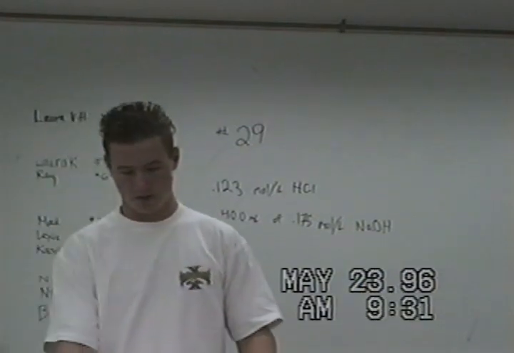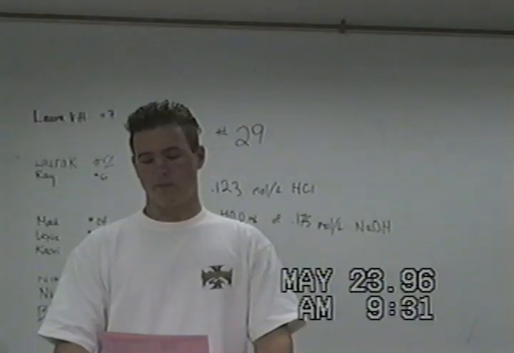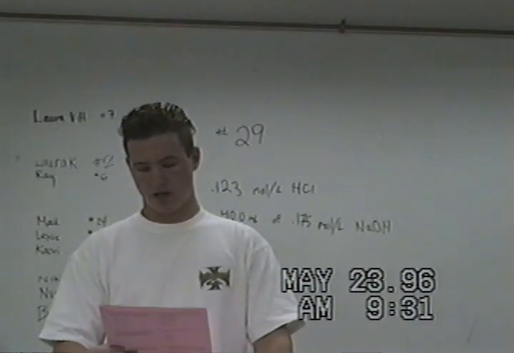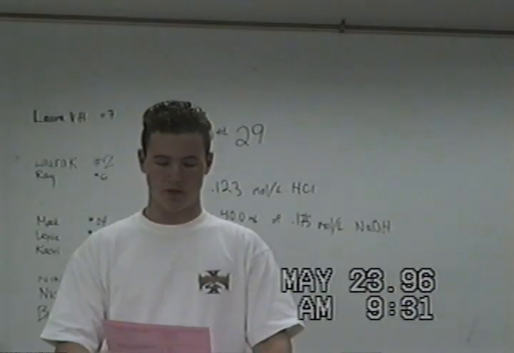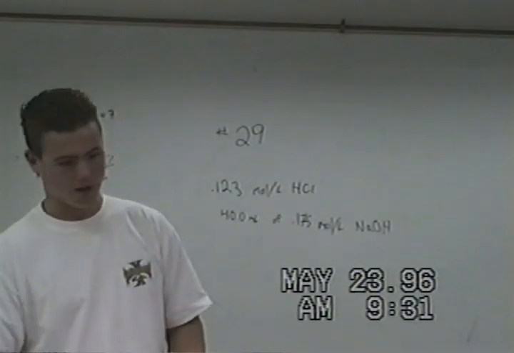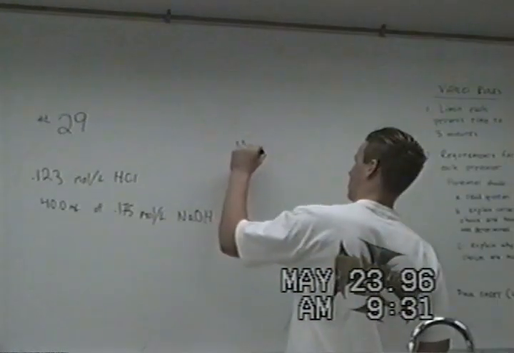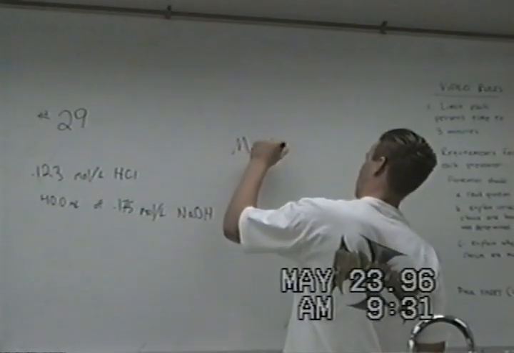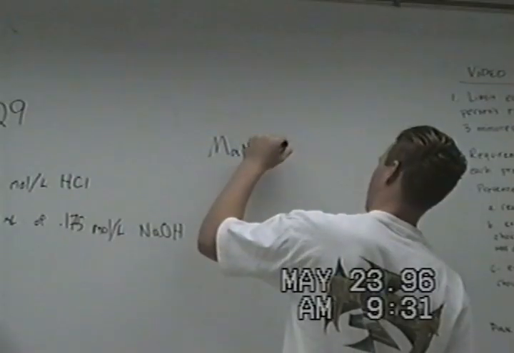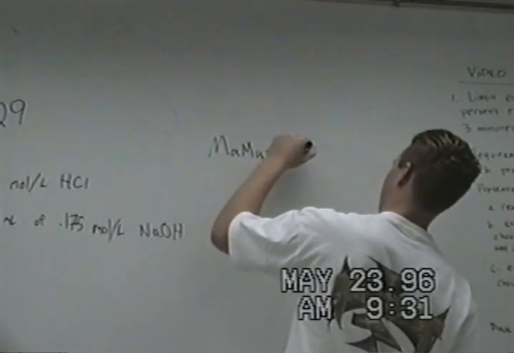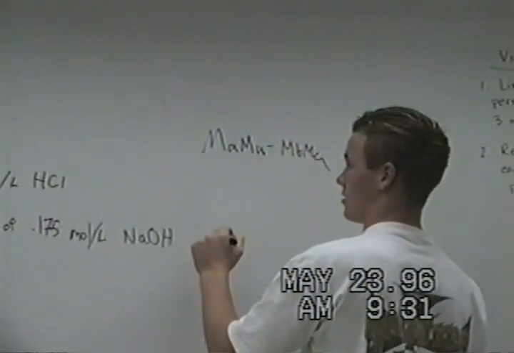Number 29, the question is, what volume of 0.123 moles per liter aqueous HCl is needed to neutralize 40 milliliters of 0.127 moles per liter of aqueous NaOH? So to do this problem, we're going to use a model of... so let's see, got the acid molarity.